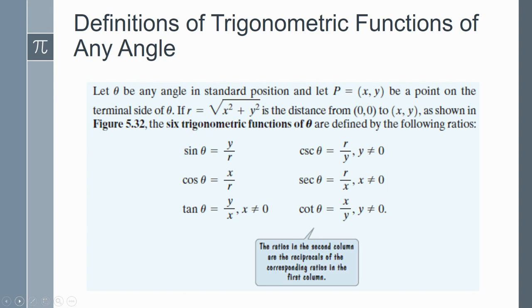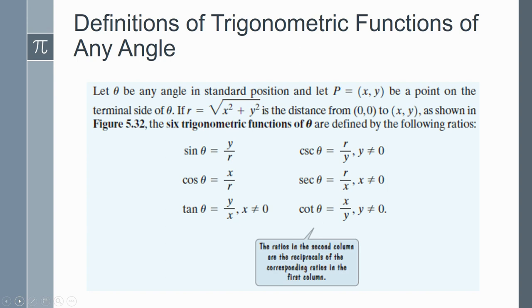So just like I showed you in the last slide. Now it's saying if r equals the square root of x squared plus y squared, the distance from the origin 0, 0 to the point xy, as shown in that last slide that I just had all those pictures for, then we could specifically define the ratios.